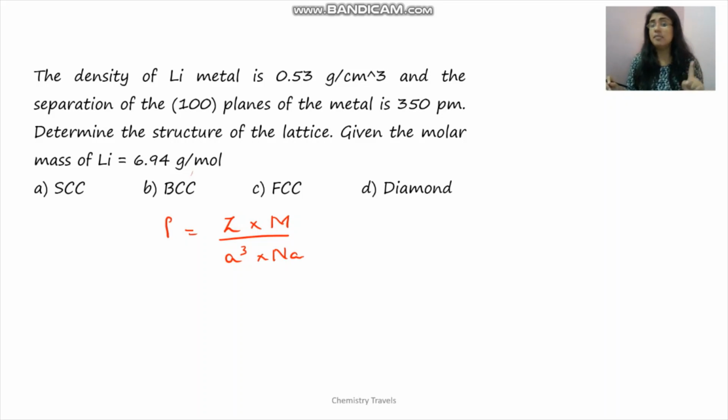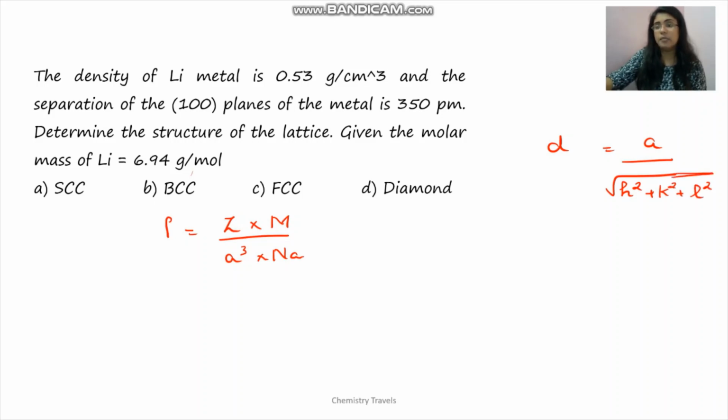Now, the first step is to find the A value. A value is not given, so I have to find it. And we know that D equals A by root of H square plus K square plus L square. This is the formula we have. The interplanar distance D is given to be 350 picometer.